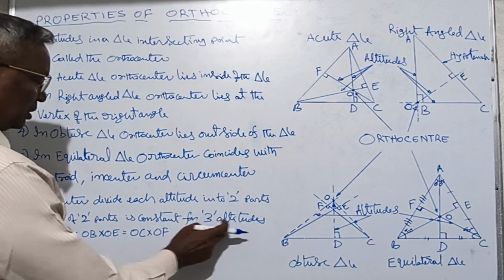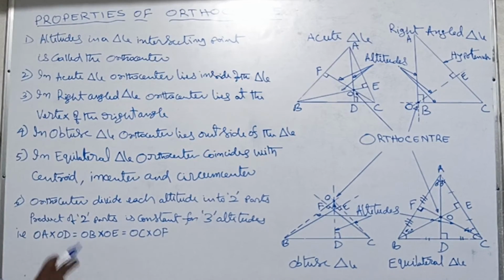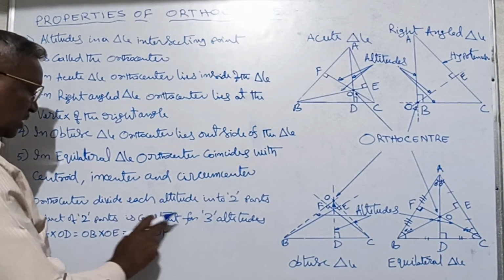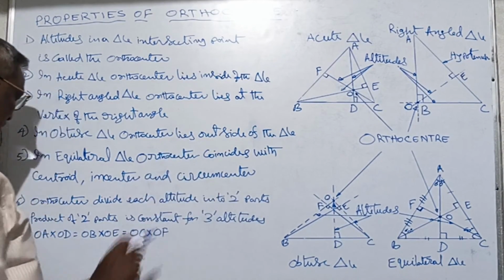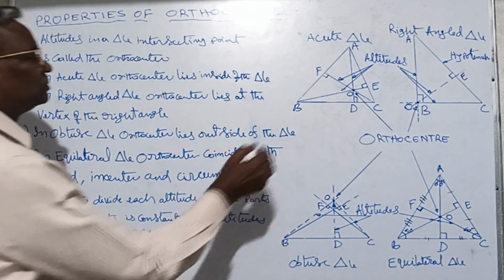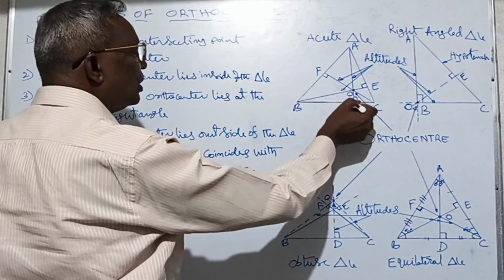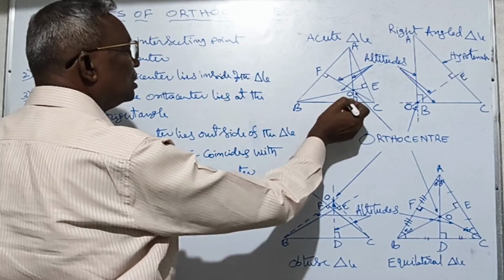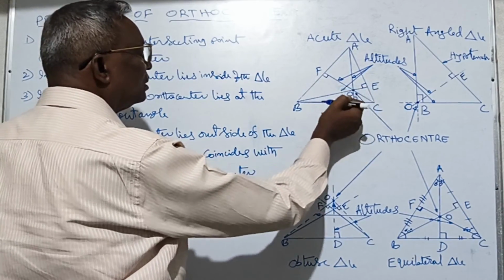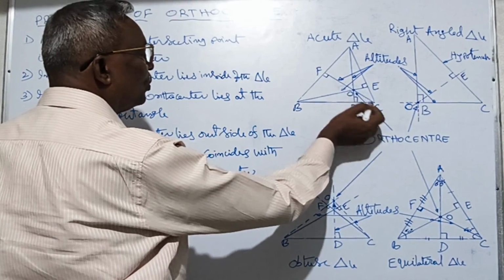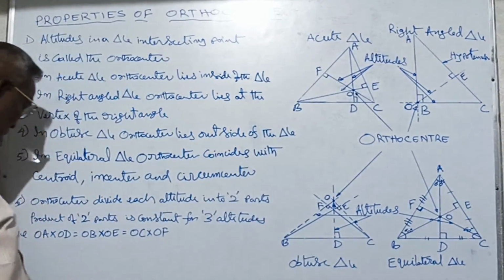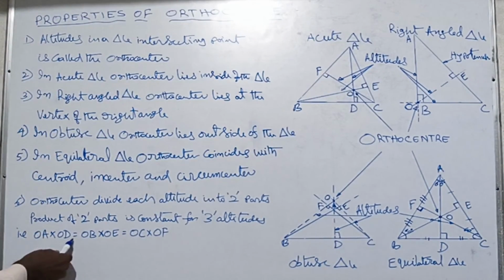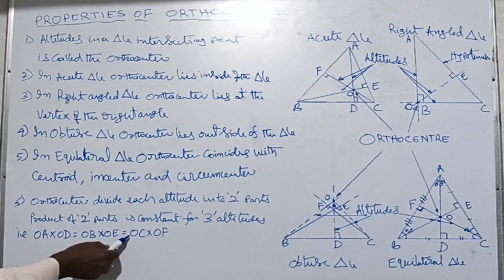Product of two parts is constant for three altitudes. That is, OA into OD is equal to OB into OE is equal to OC into OF.